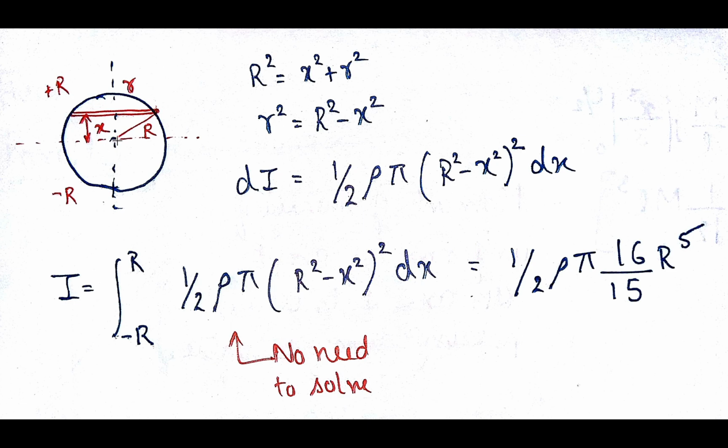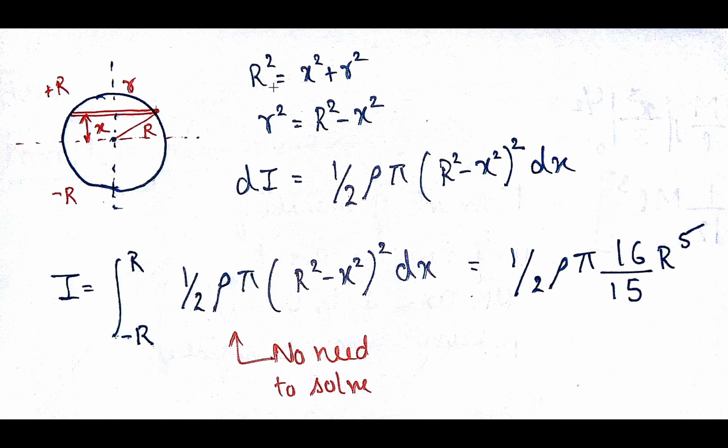We have to integrate it from 0 to capital R, or you can say minus R to R, depending on your calculations. To convert it into the small r terms, you have to convert it into the x term, because we have to ultimately integrate it from minus R to plus R.